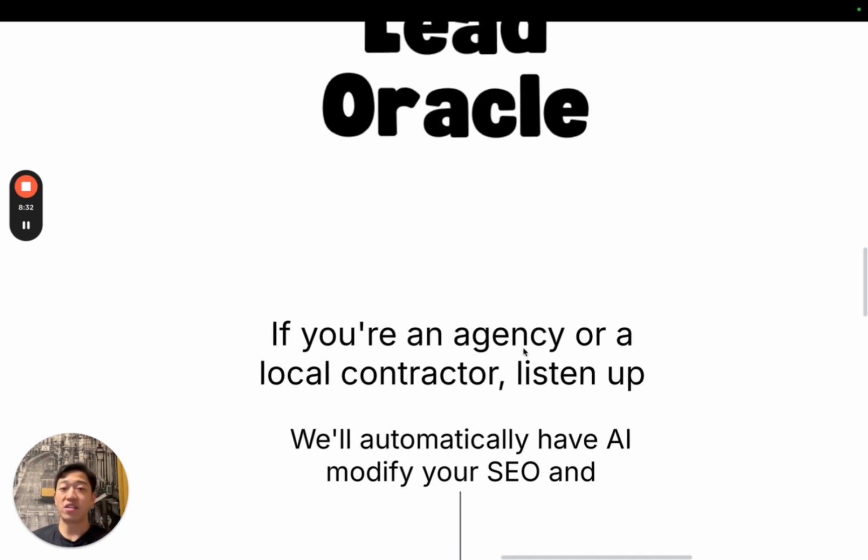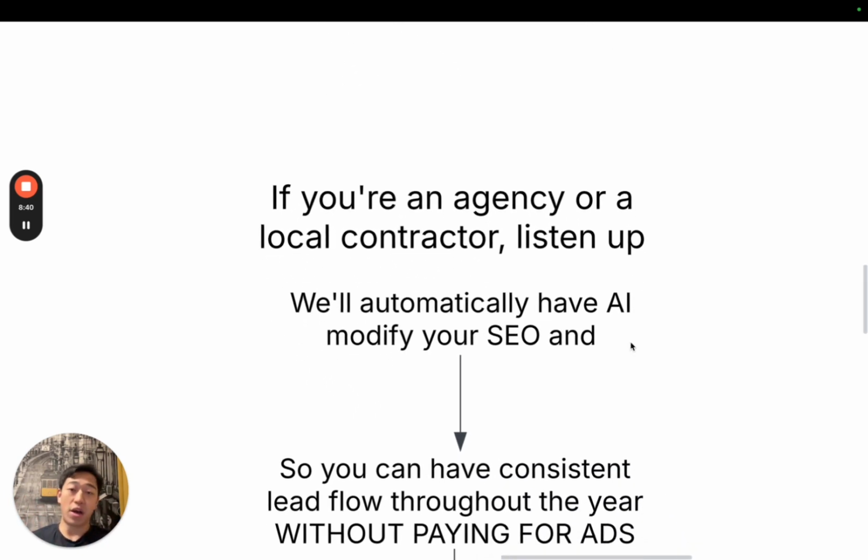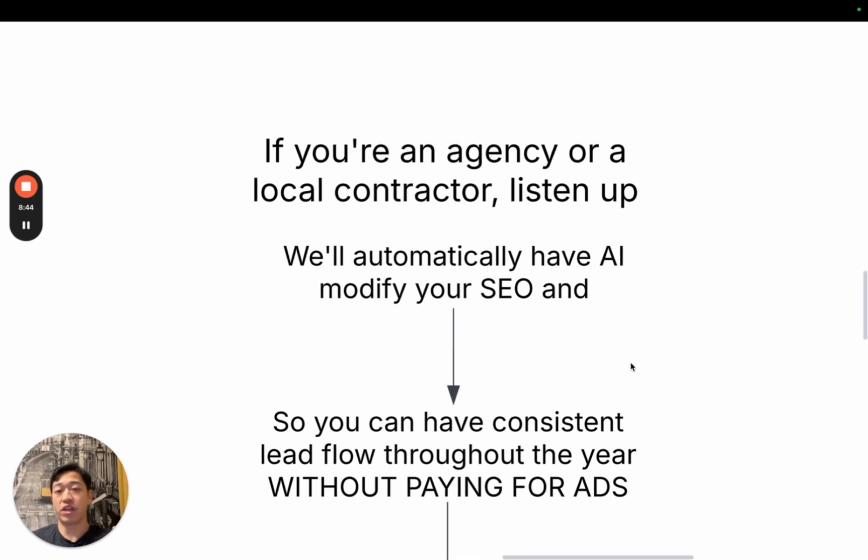If you're an agency owner trying to see how to actually rank for your clients, or if you're a local contractor, listen up, because our software will automatically modify all the SEO on your page so you can rank for every single keyword and every single service that you offer. This results in 500,000 service pages, and we're trying to rank for all those keywords so we can overtake that competition.